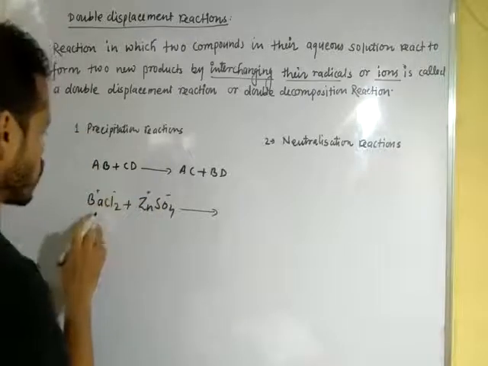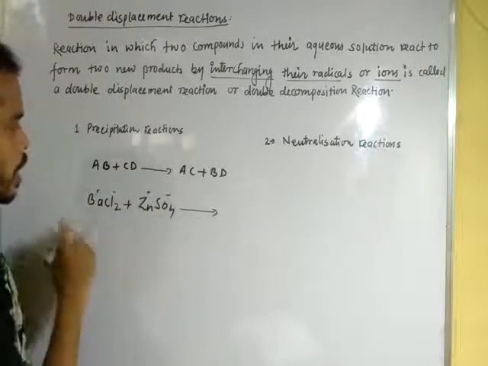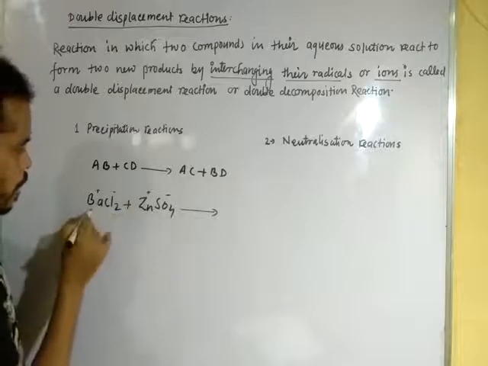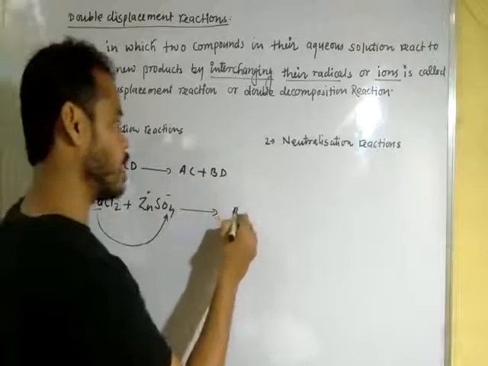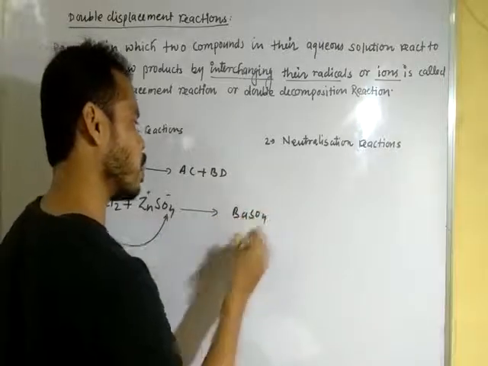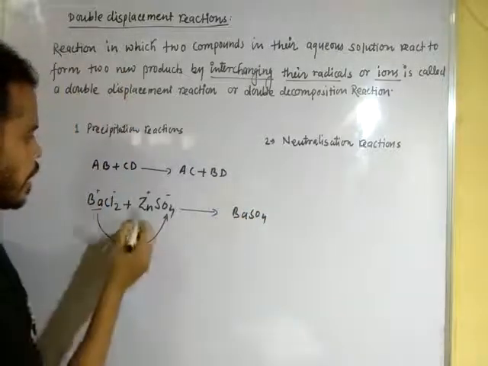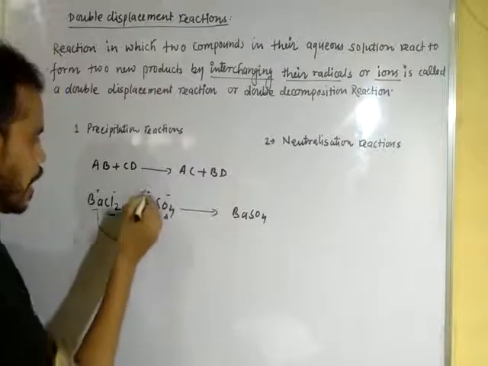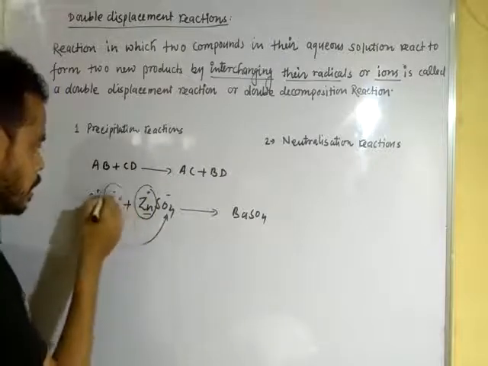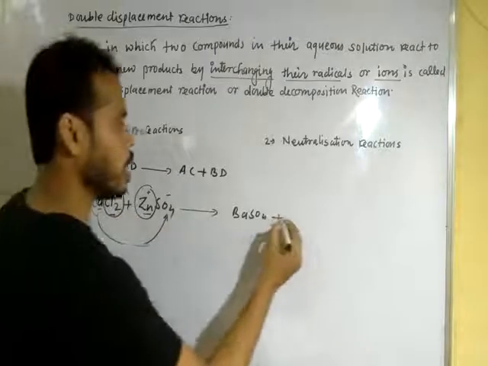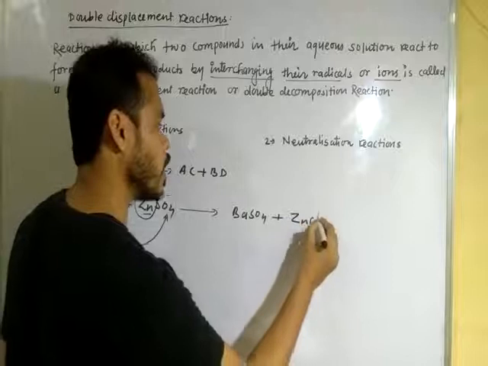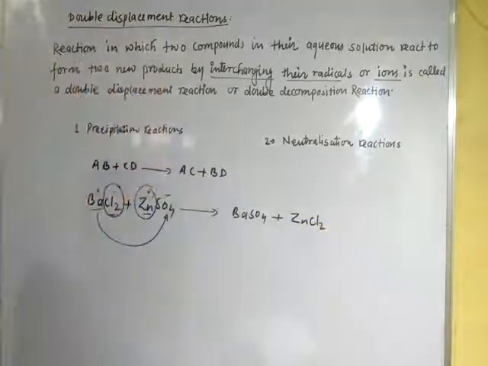After they exchange ions, the positive barium reacts with sulfate to form barium sulfate, BaSO4. Then zinc combines with the chloride ion and forms ZnCl2.